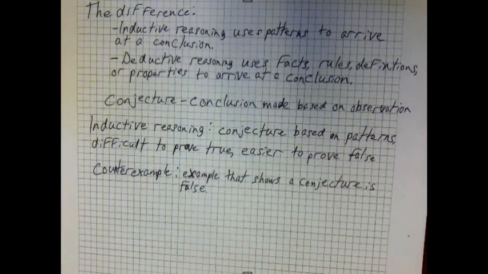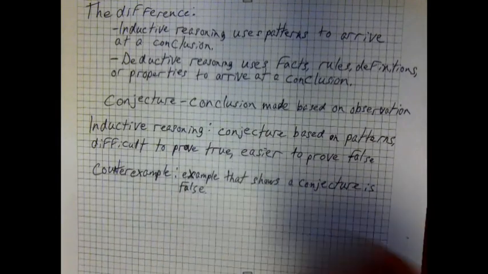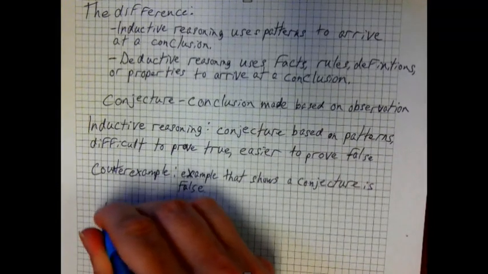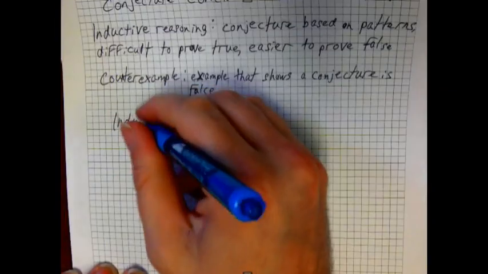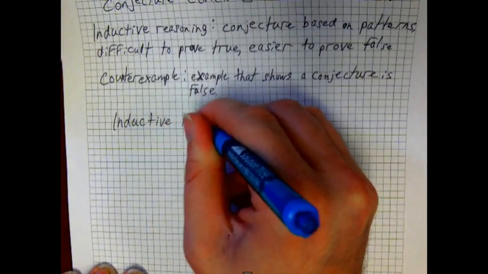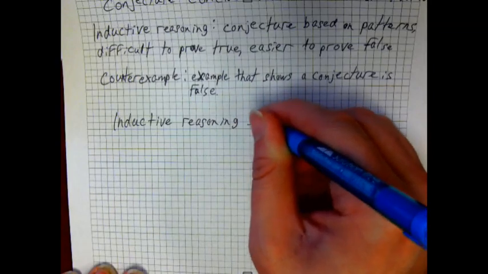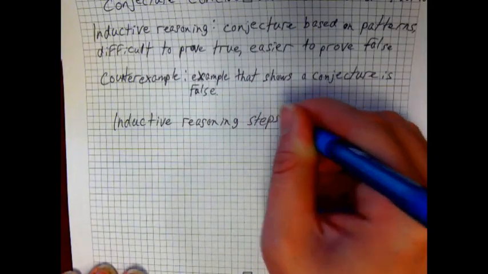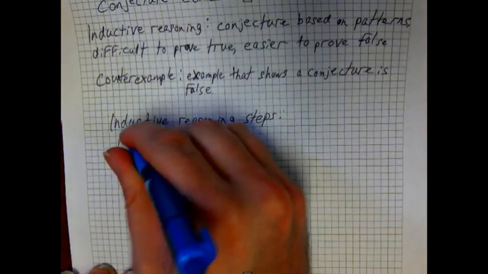And then one final thing before we get to our examples, we're going to do the inductive reasoning steps. So the steps you follow when you are engaging in inductive reasoning. Okay, step 1. Look for a pattern.